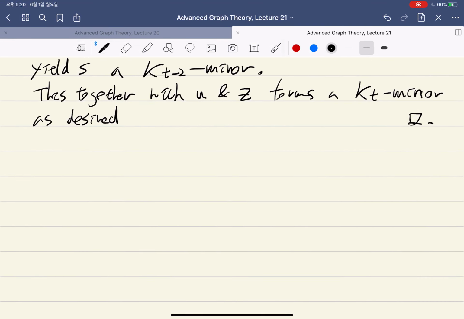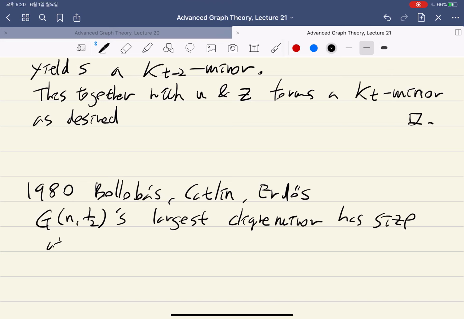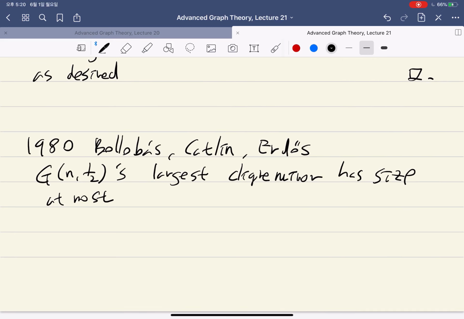On the other hand, we can actually show that this is sharp. In 1980, Bollobás, Catlin, and Erdős showed that the random graph G(n, 1/2) has its largest clique minor of size at most (1 + o(1)) n over square root of log n.